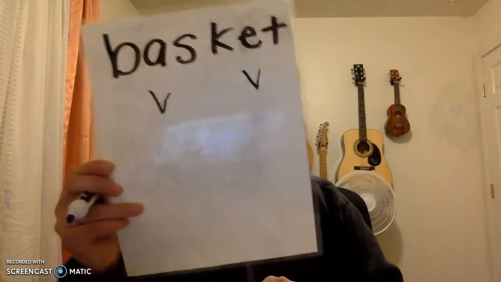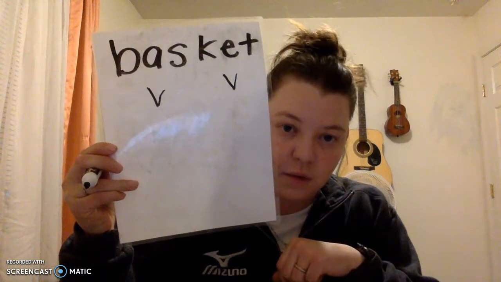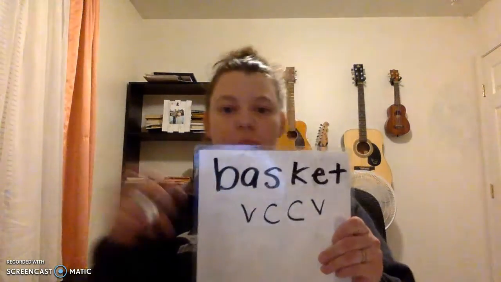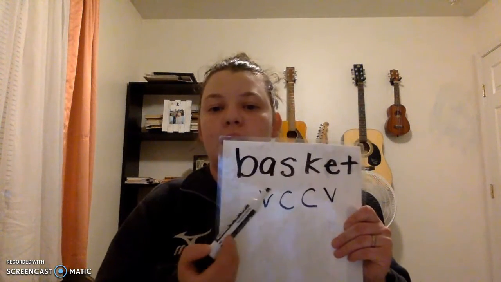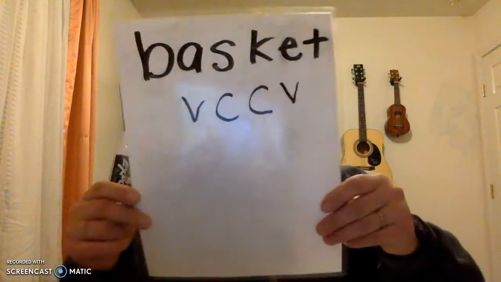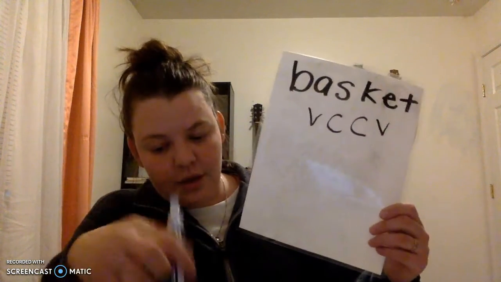So now that we have those, who can identify the consonants between the two vowels? Good. Yep, and it's right there. Good job. And what are those two consonants? S and K. Good job. So now that we have that, what is our pattern?